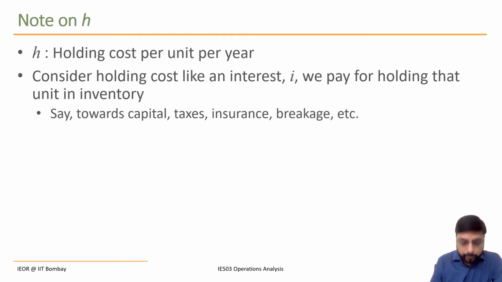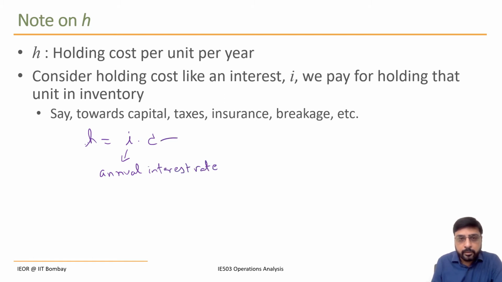So in that case, our H can simply be given as H is equal to say I into C, where I is your annual interest rate and C is the cost per unit.